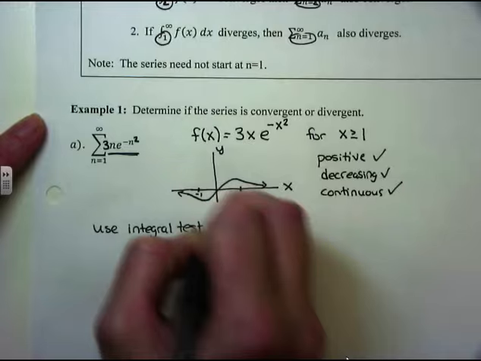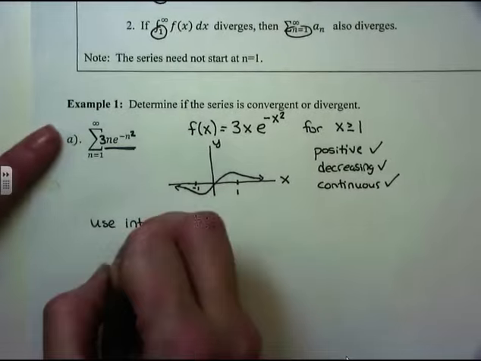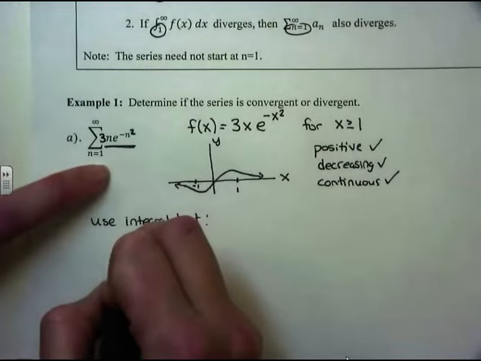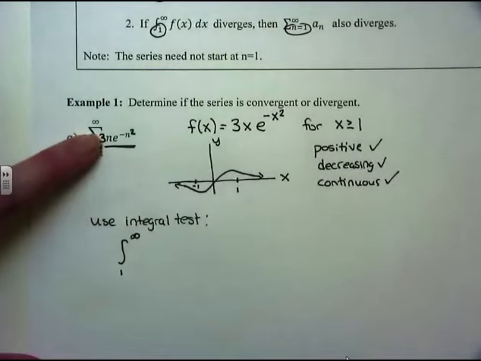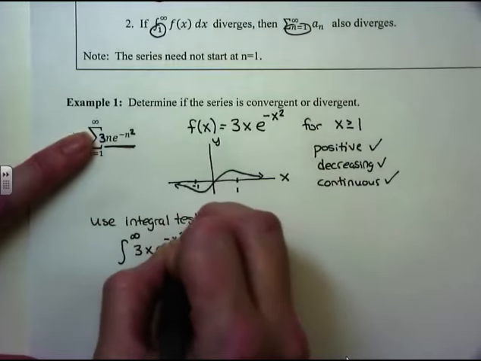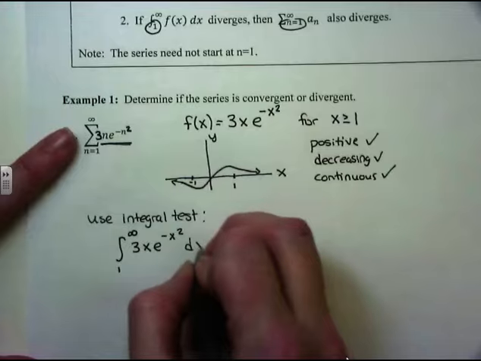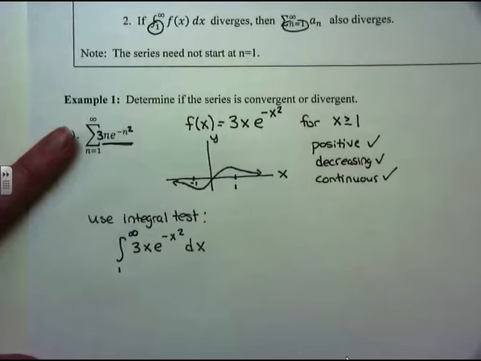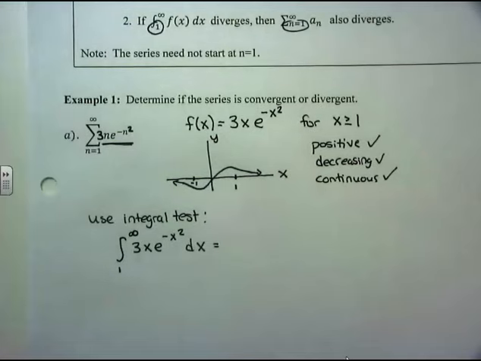Now, what the integral test says is that I want to consider the integral from 1 up to infinity of the function, so the function 3x e to the negative x squared. Just showing my variable is x. Well, this is an improper integral, right?